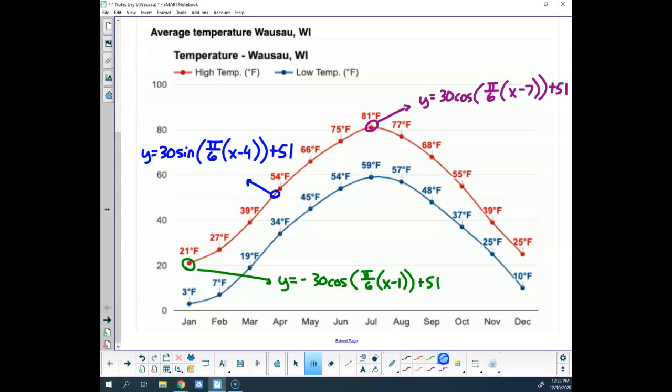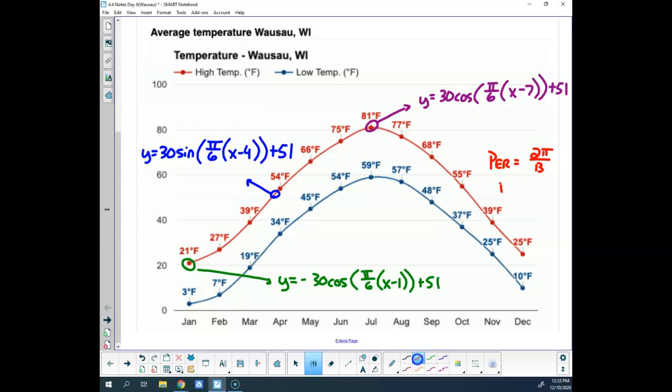Need some clarification on how I came up with my numbers? How did I get the pi over 6? How many months are there in a year? 12. So my period is 12. With me? So period, we said last week, was 2 pi over b, right?